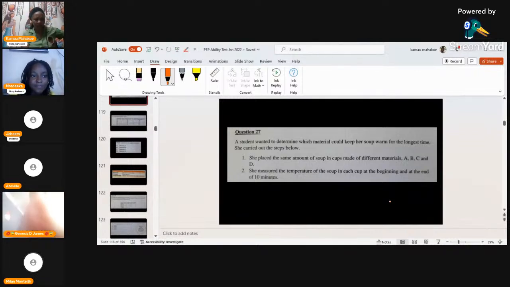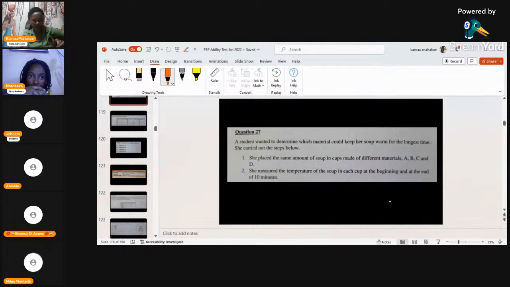She measured the temperature of the soup in each cup at the beginning and at the end of 10 minutes.